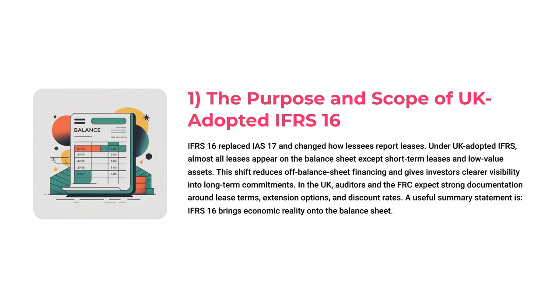This shift reduces off-balance sheet financing and gives investors clearer visibility into long-term commitments. In the UK, auditors and the FRC expect strong documentation around lease terms, extension options, and discount rates. A useful summary statement is, IFRS 16 brings economic reality onto the balance sheet.